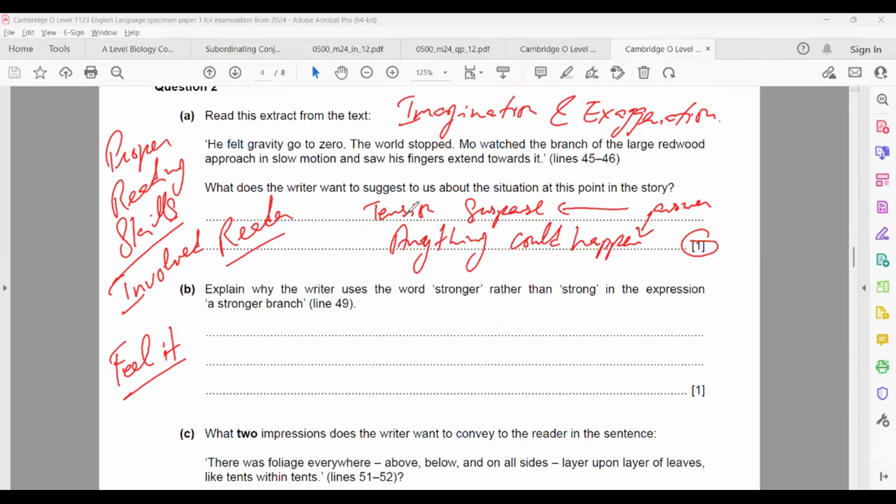Right now, we're not attempting the comprehension itself, so when we actually attempt it as practice, we'll see where the imagination and the exaggeration come in.